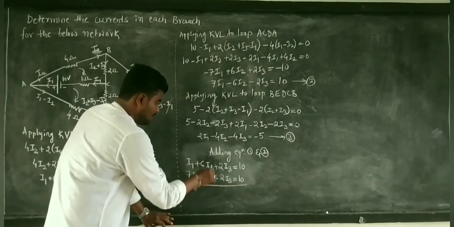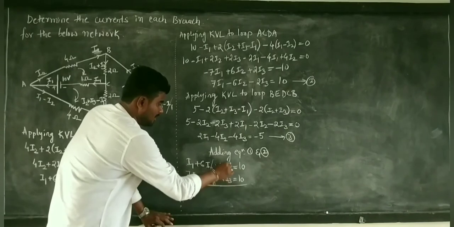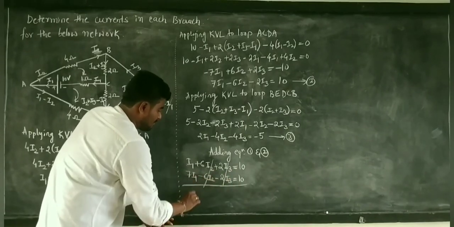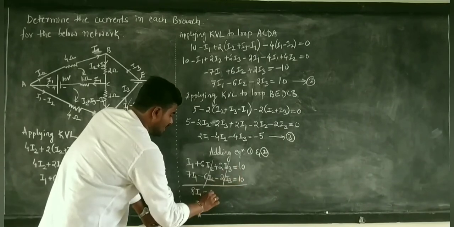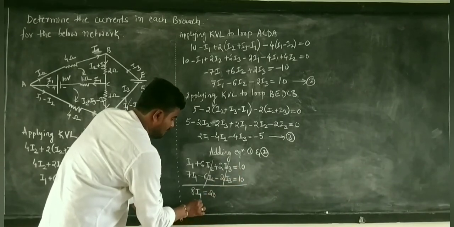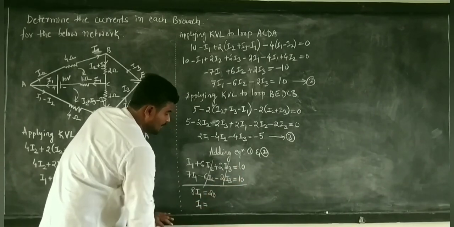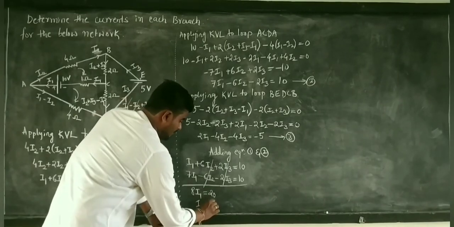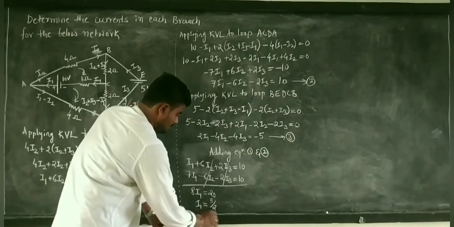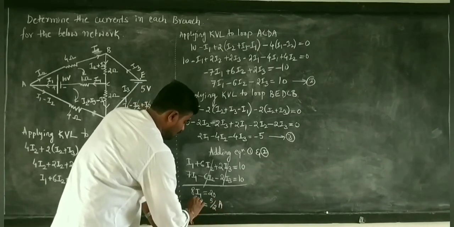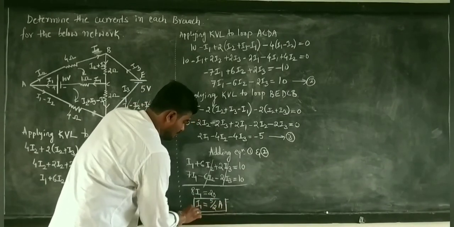See here, plus 6I2 minus 6I2 cancels, 2I3 cancels. Therefore, 7 plus 1, 8I1 is equal to 20. And I1 is equal to 20 by 8, which is 5 by 2 ampere. We know the value of I1 now.